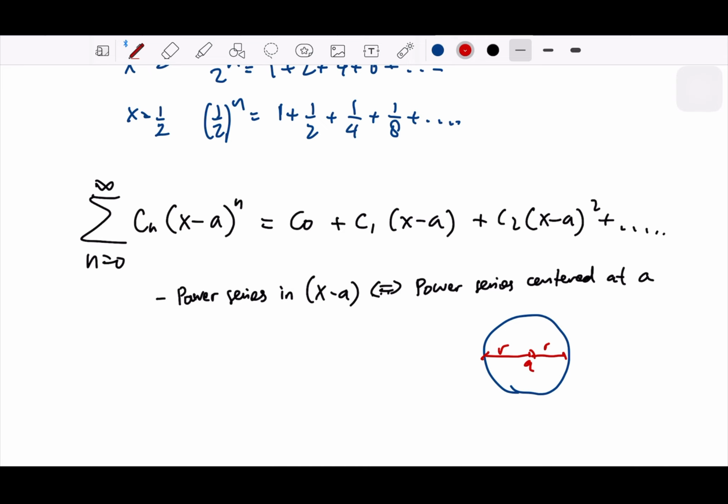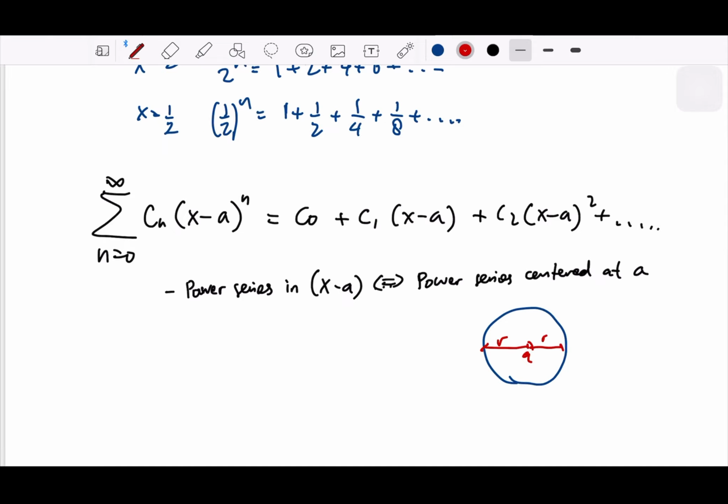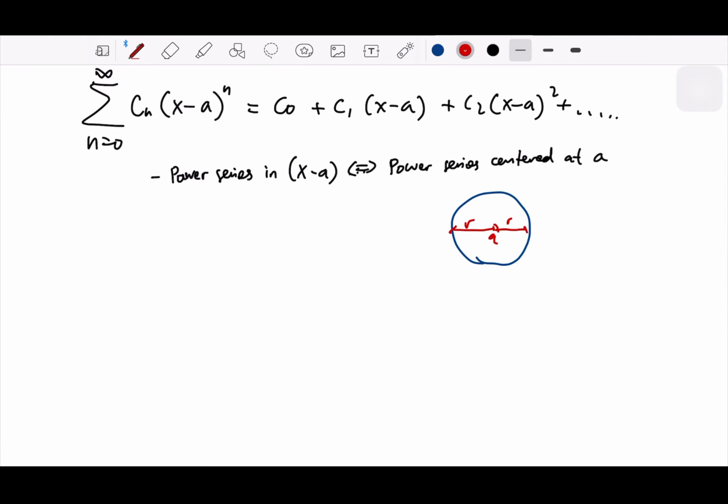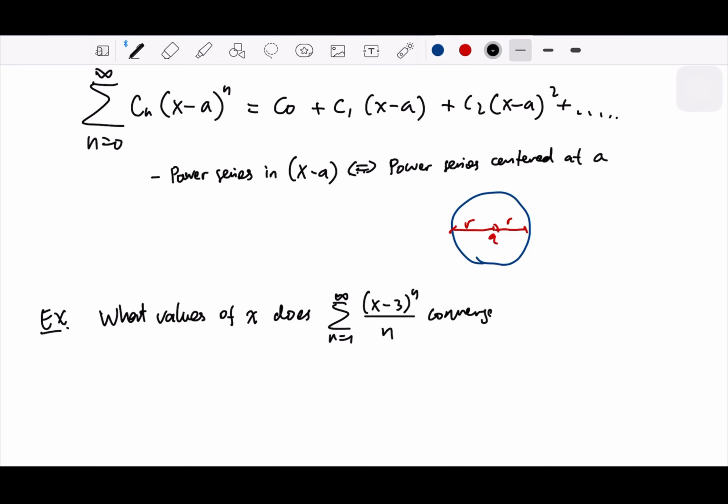Now let me give you three examples on the power series and what our conclusion is from those three examples. Let me give you one by one. So the first example: for what values of x does the series converge?